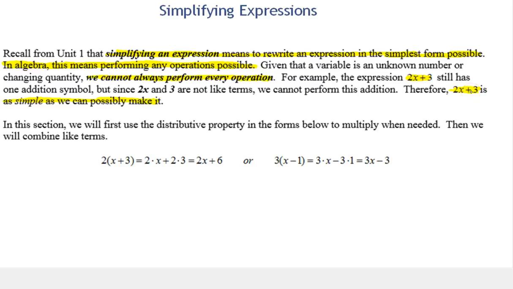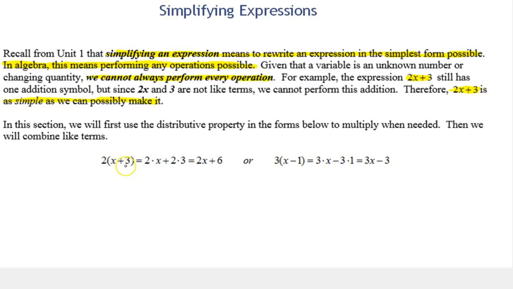Now, we use the distributive property to justify how we combine like terms, and now we're going to use it in the other way that we had looked at. So for example, if we have the product of 2 times the sum of x and 3, right now we have the x plus 3 in parentheses.